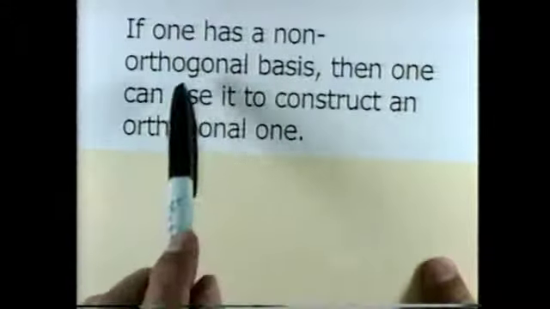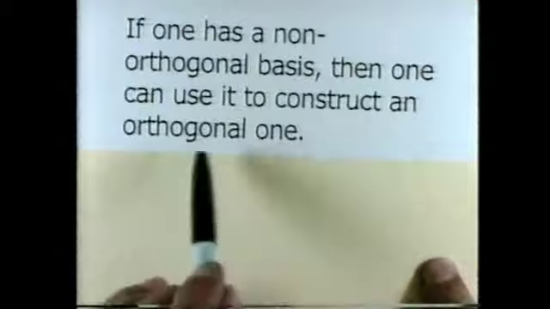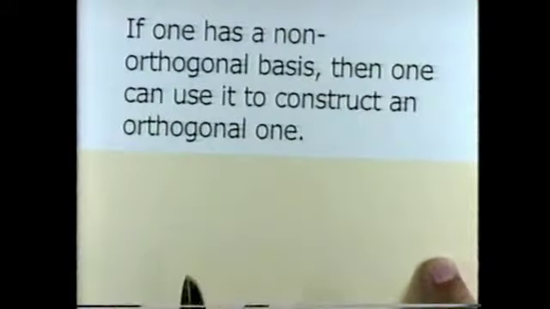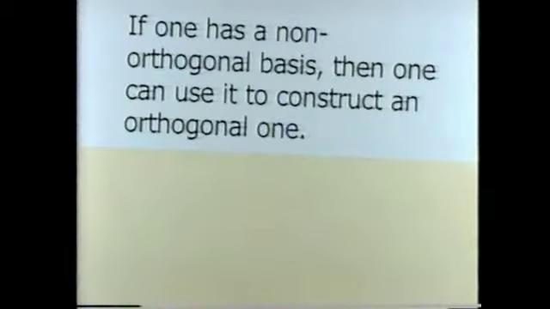If one has a non-orthogonal basis, then one can use it to construct an orthogonal one. So if you have one that's not, you can use it to construct one that is.